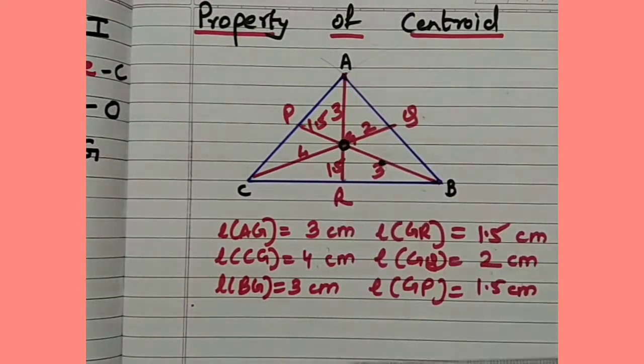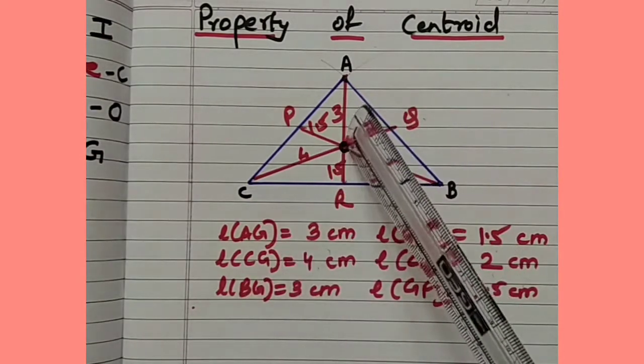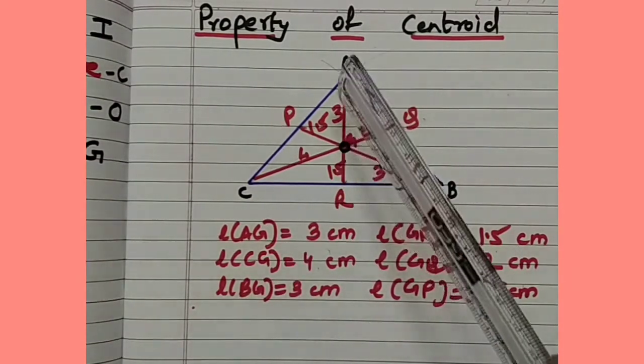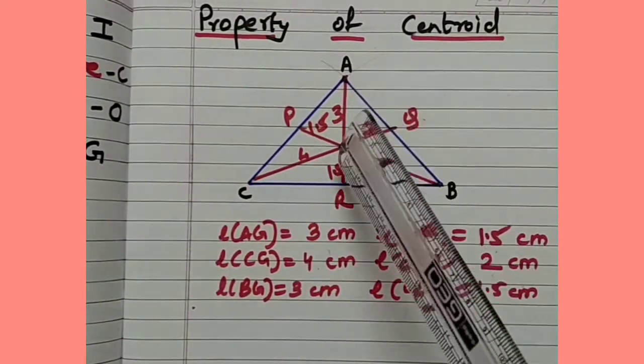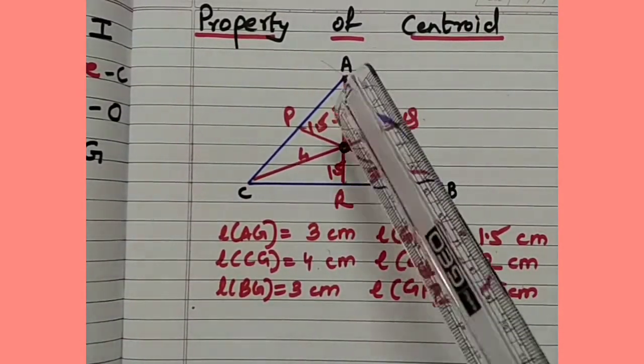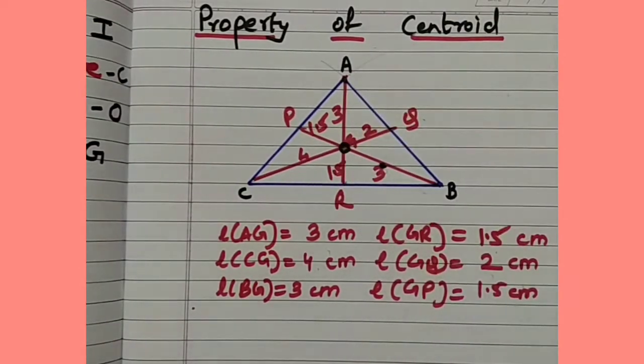So when many measures were taken like this, it was found out that this point G, that is the centroid, divides each median in the ratio 1:2. If this is 1, this will be double. What does 1:2 ratio mean? If one part is some measure, the other part will be double of it. If one part is considered as 1, the other part will show the measure of 2.